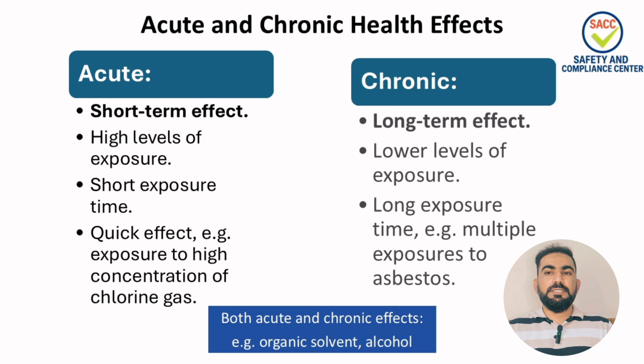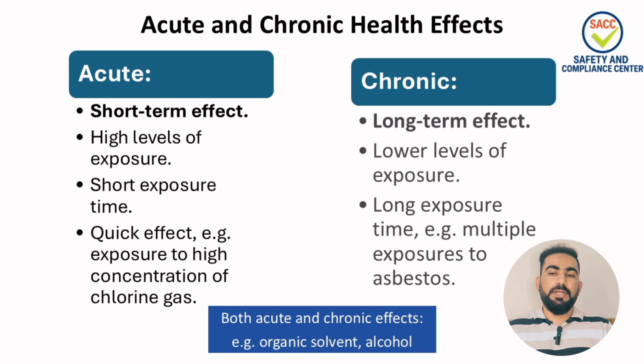The chronic effects develop slowly over time. These are caused by lower levels of exposure but over a longer period. A good example is repeated exposure to asbestos, which can lead to serious lung disease years later. Some substances can cause both acute and chronic effects.